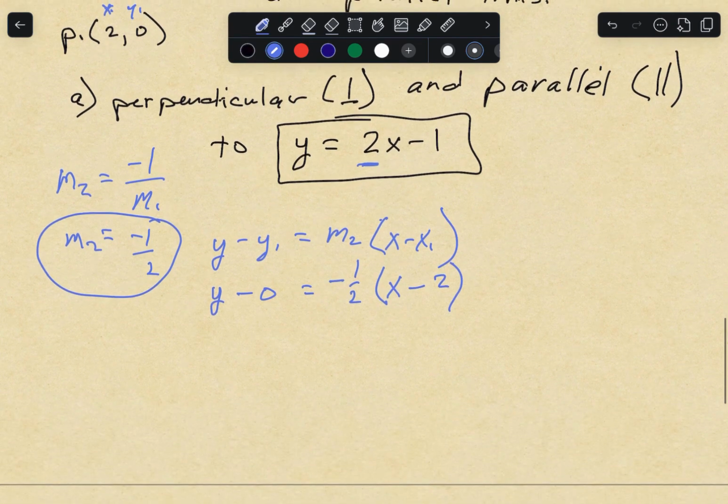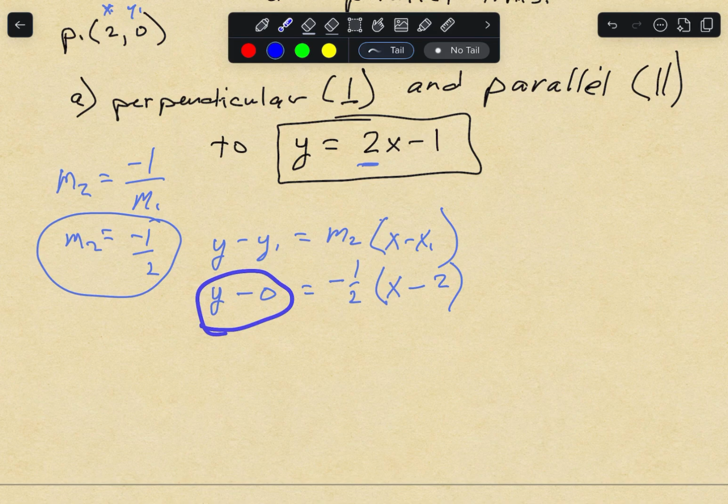Now you want to continue to clean it up. This is pretty easy because that's already been established, that is 0. That's a 0, so that goes to 0.